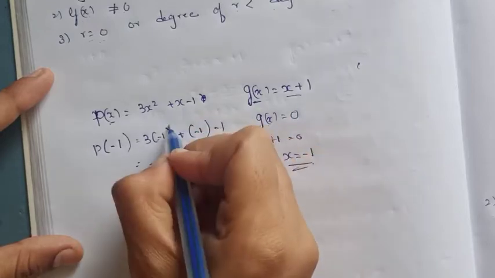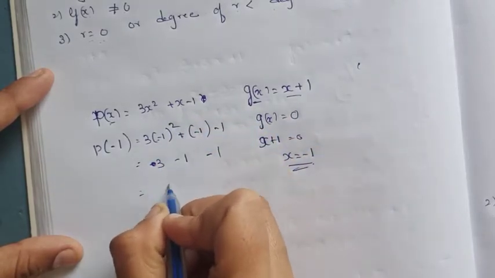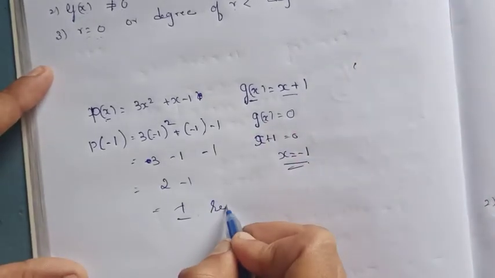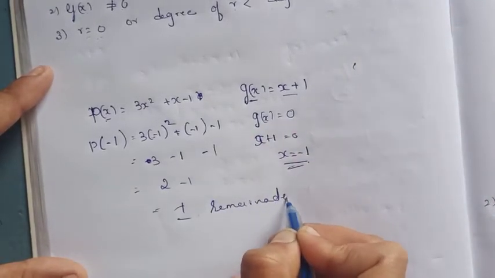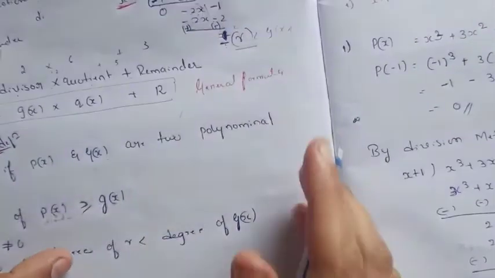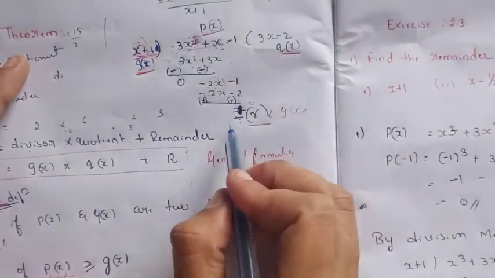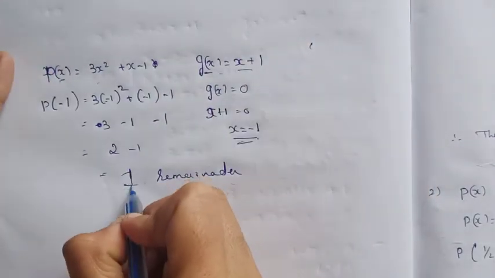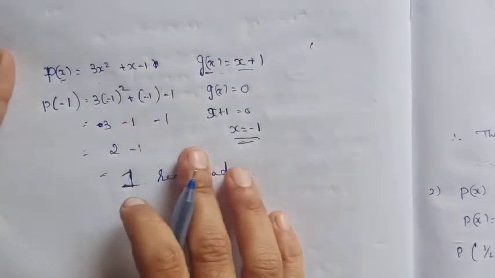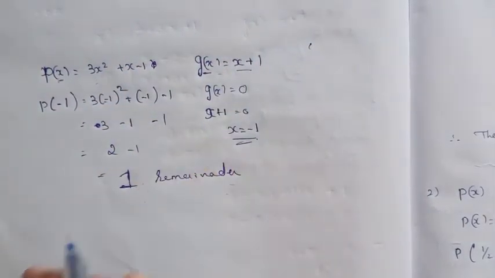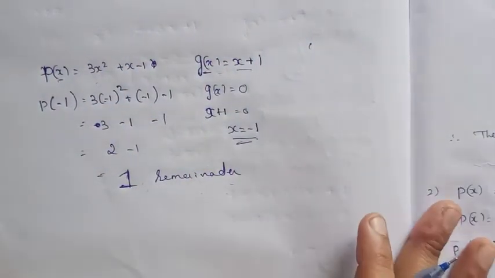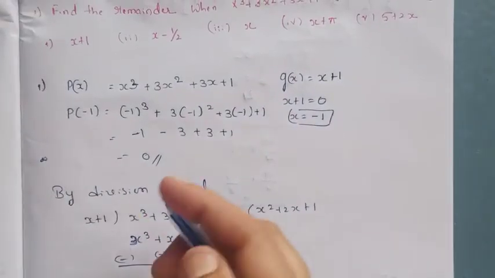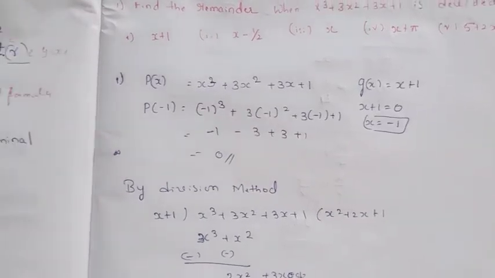We get 3 minus 1 is 2, 2 minus 1 is 1. See here, 1 is the remainder for this equation. When I did long division we got 1, and when I solved this way we also got 1. So follow this method for objective questions and fill in the blanks, 1 mark questions. When they ask for 4 marks, go with long division.